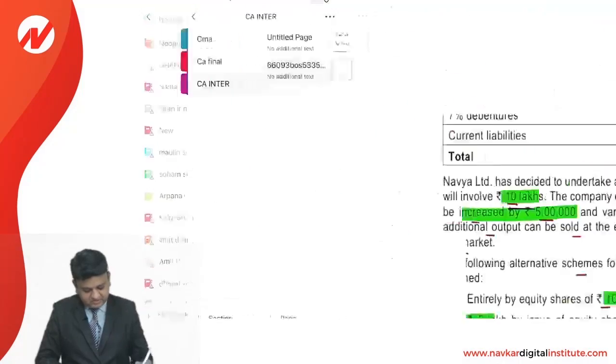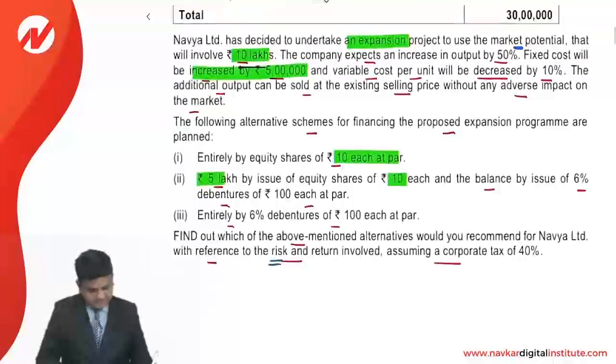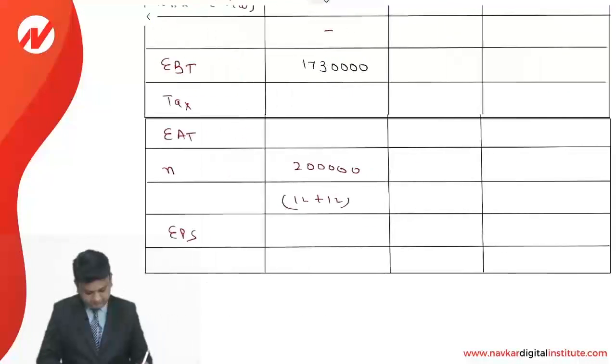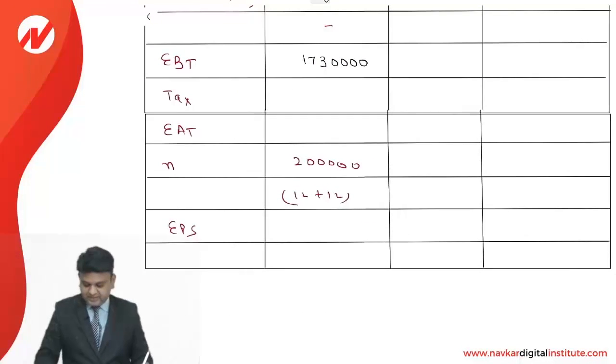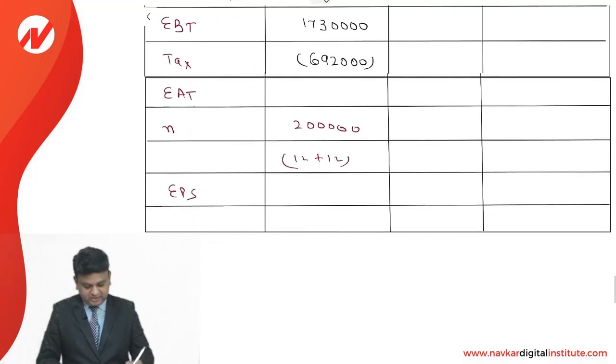The income tax rate is given to us as 40%. So 17 lakh 30,000 into 40% is 6 lakhs 92,000. So 17 lakh 30,000 minus 6 lakhs 92,000 comes to 10 lakh 38,000, that is earning after taxes.